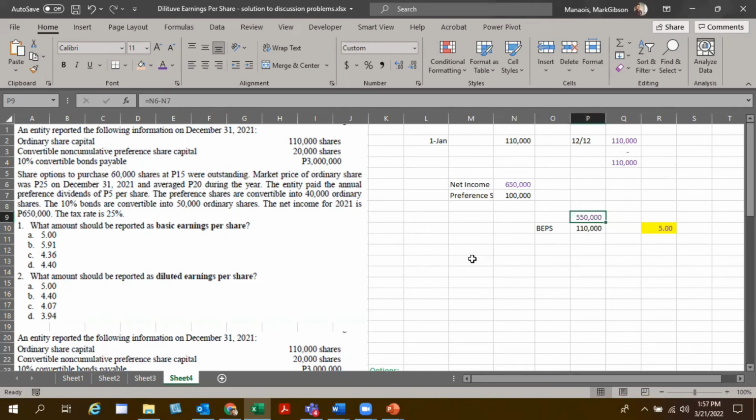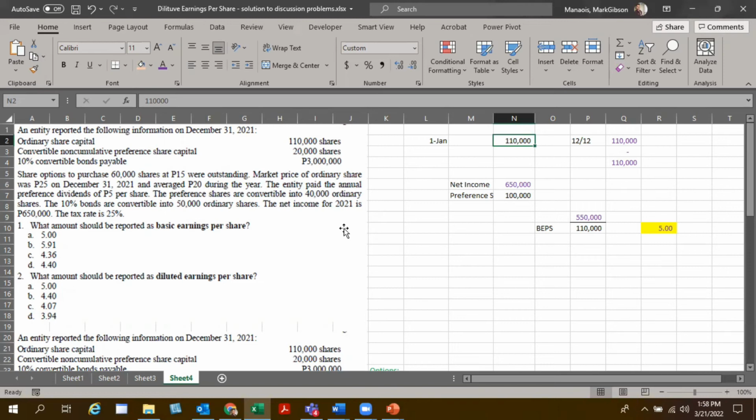Let's go now to the basic earnings per share, I mean, the weighted average number of shares outstanding. We had ordinary shares of 110,000. Pansinin natin na wala namang mention about conversion of these instruments for year 2021.